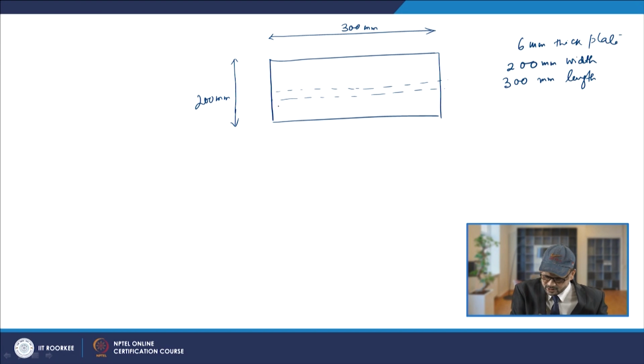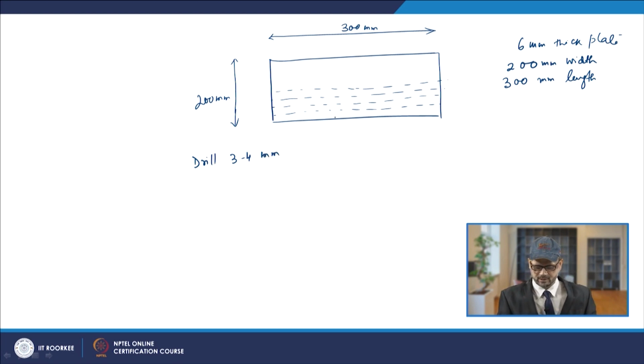On these points you will drill 3 to 4 mm deep holes with 1 mm diameter drill bit.